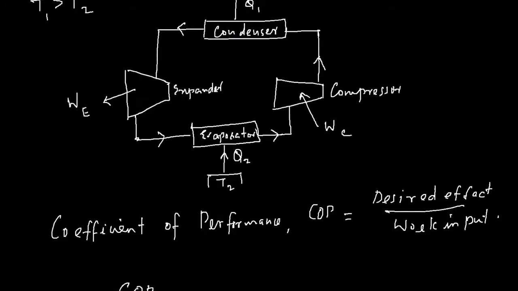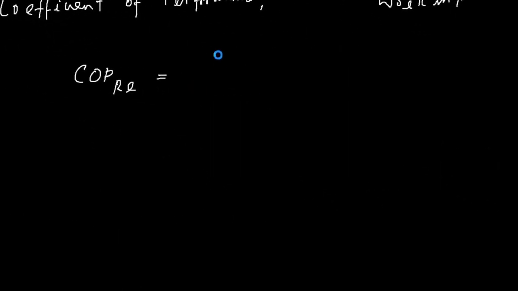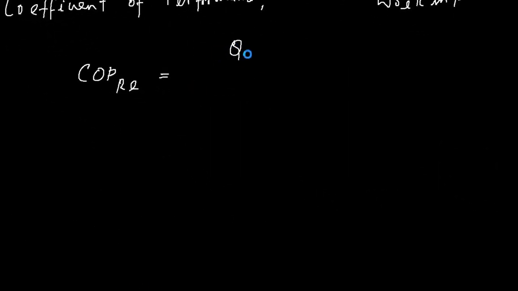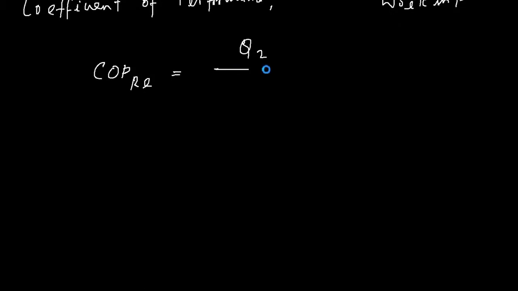So you can say Q2 is the desired effect, and WC minus WE, the work of the compressor minus the work of the expander, is the work input.